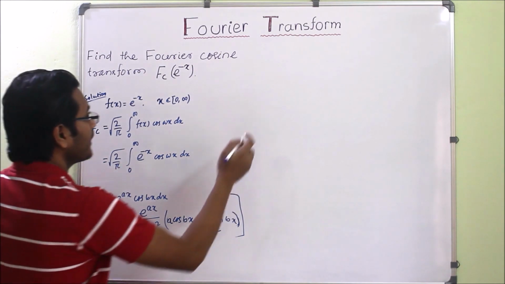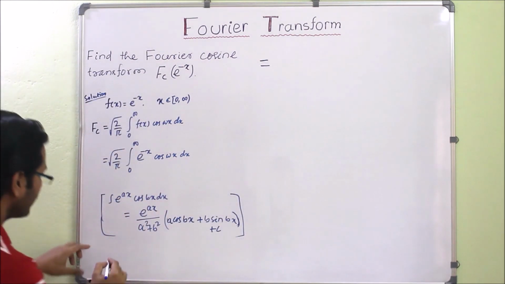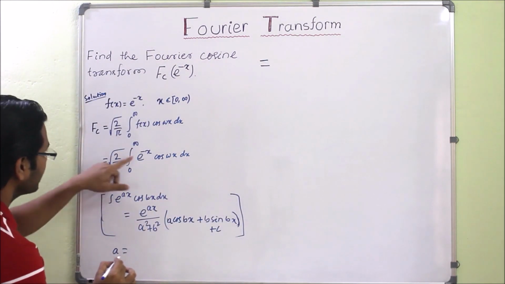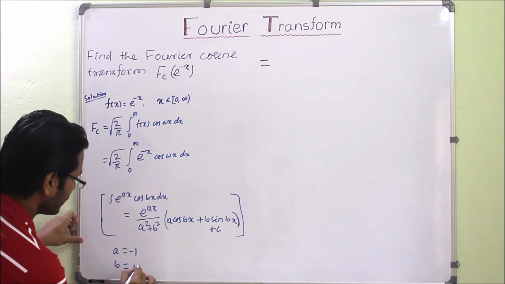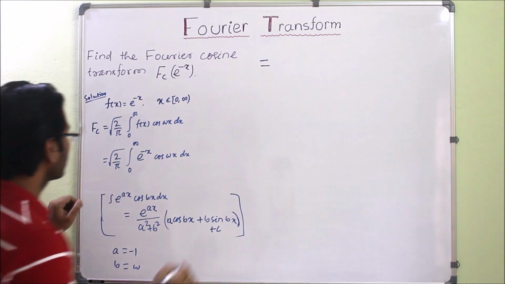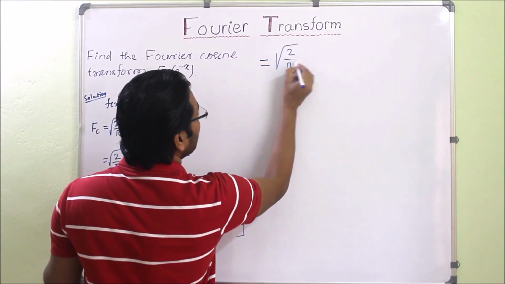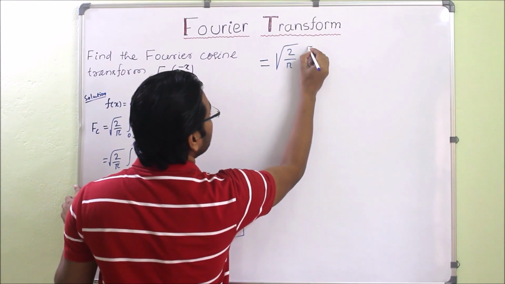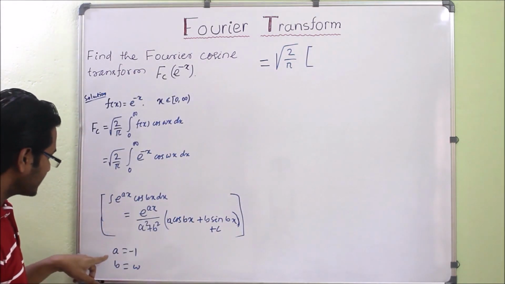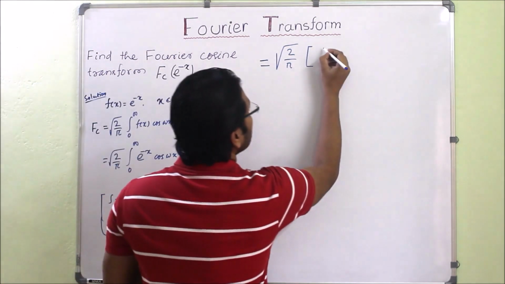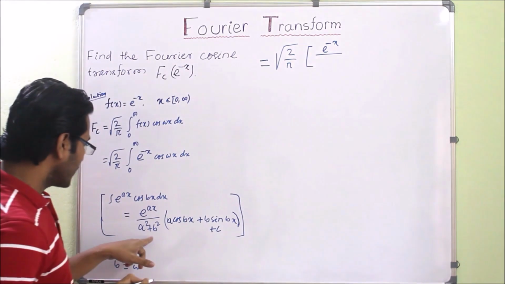Now here, in place of a, what is there? Minus 1. In place of b, what is there? w. So we have to apply the formula. It will be square root of 2 by pi whole into this formula: e to the power ax, where a is minus 1, so e to the power minus x divided by a square plus b square.